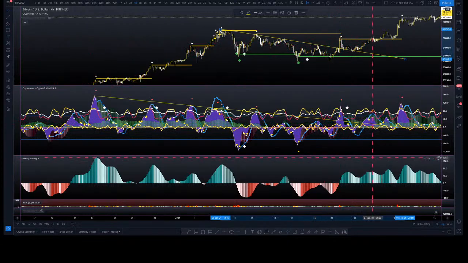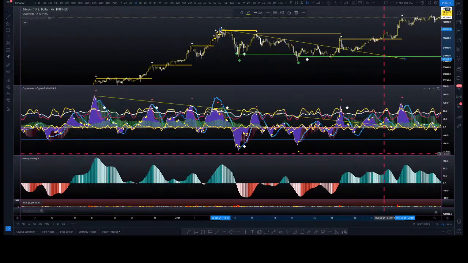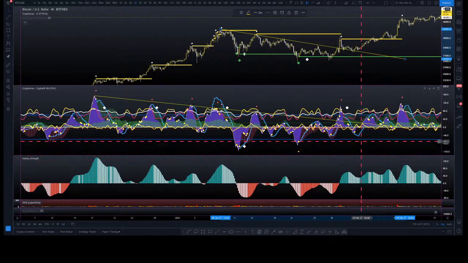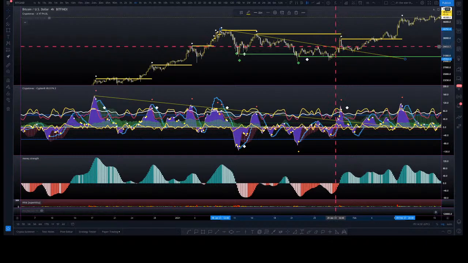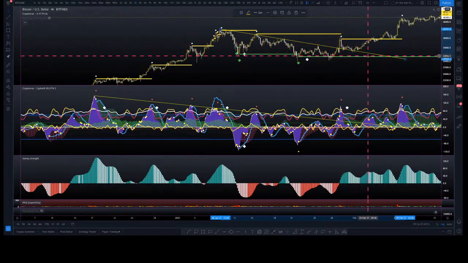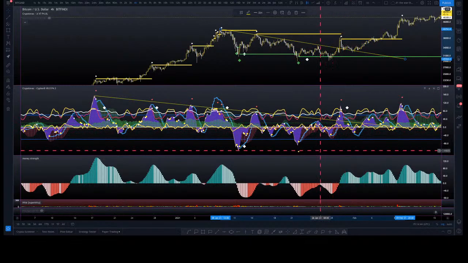Okay. So we were able to get the Elon Musk, quote unquote, pump before everybody else. That was amazing. We even retested the trend line.